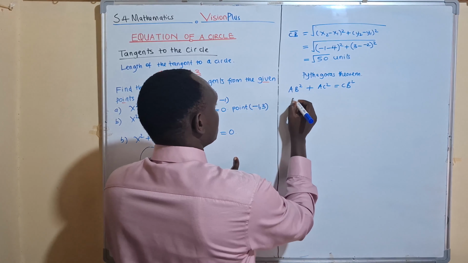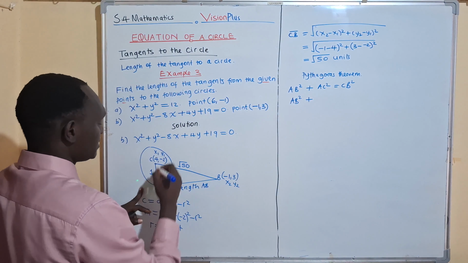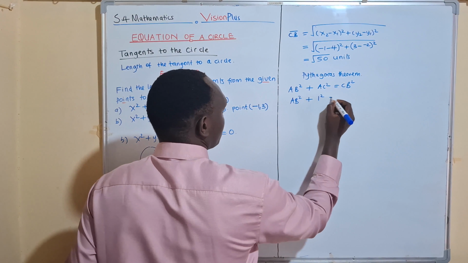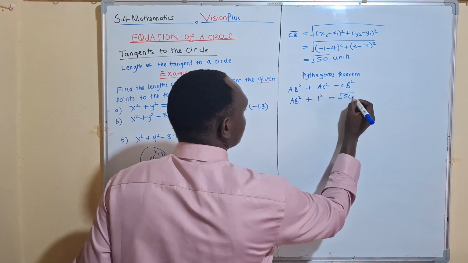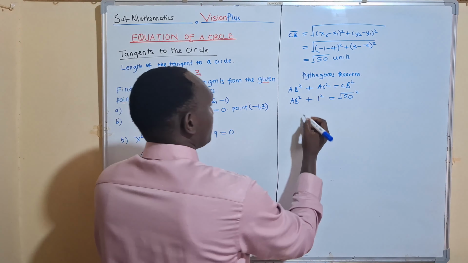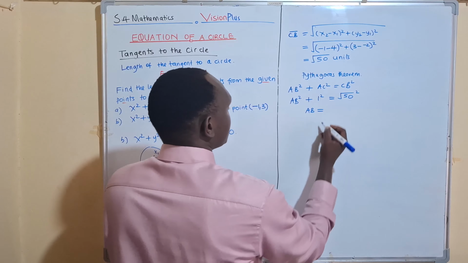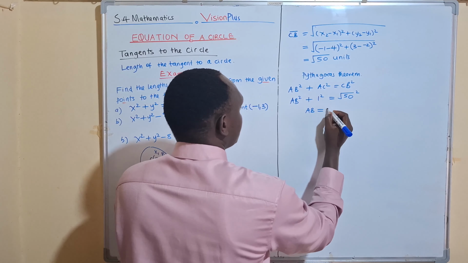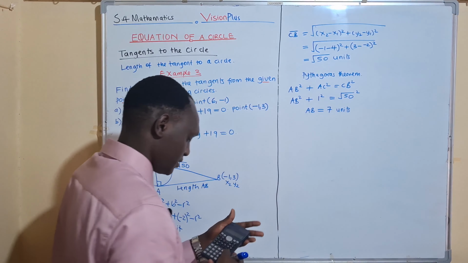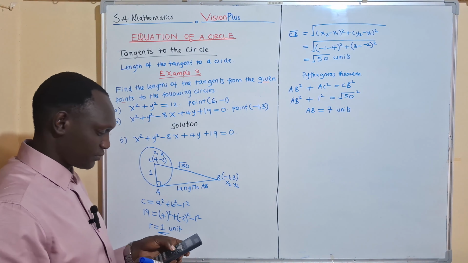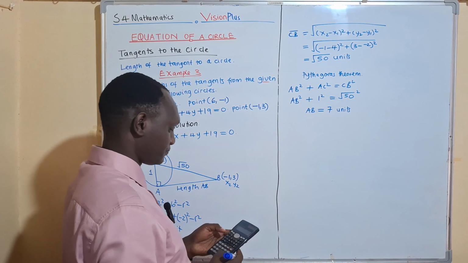Then we substitute: AB squared plus AC, which is 1, squared, equals CB, which is root of 50, squared. Then you press the calculator and you find that AB squared is 49, so AB is root of 49, which is 7 units. This is root 50 squared minus 1 squared, then under root.